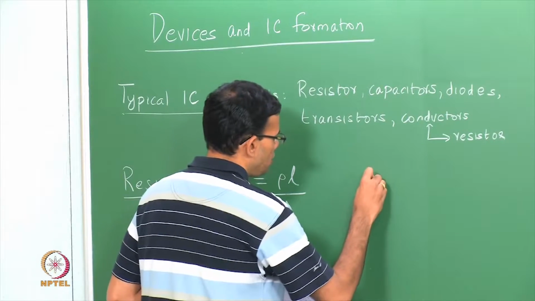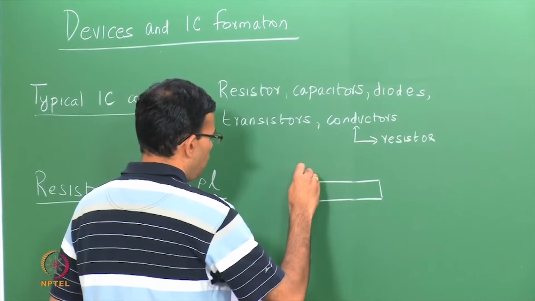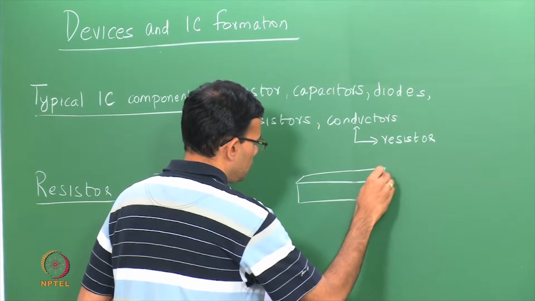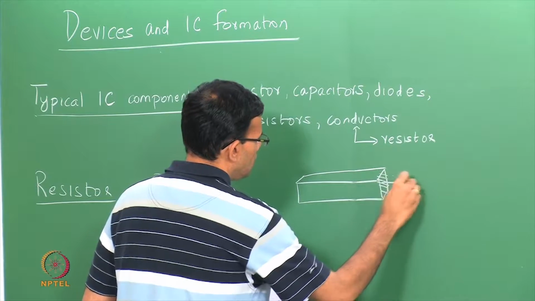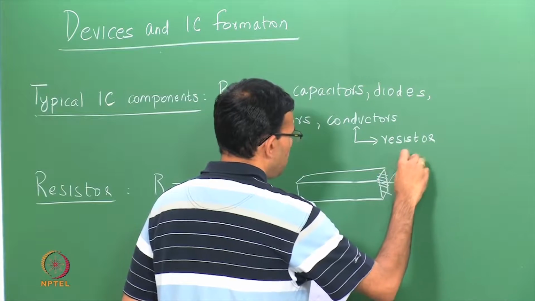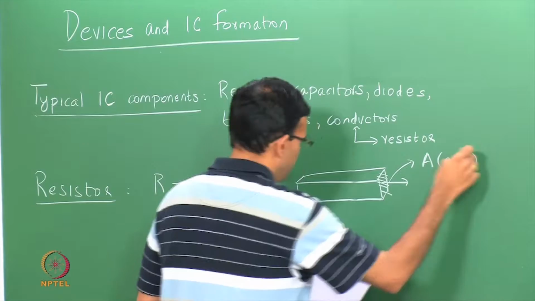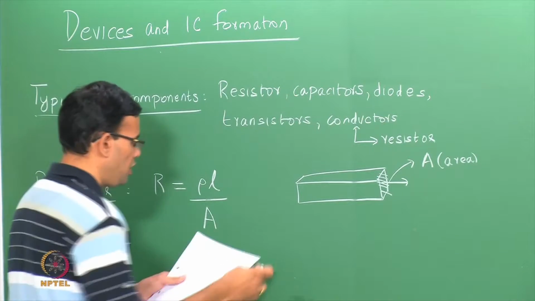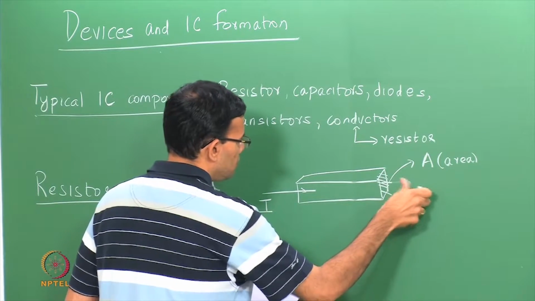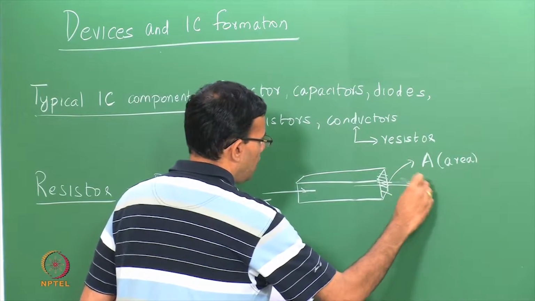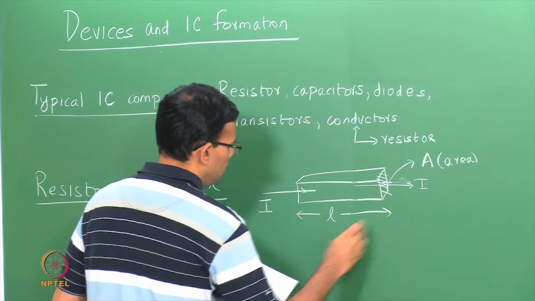So, if you think about it, you have a small region, this is area which is your cross sectional area, you have a current flowing along the length, I and then I, and L is the length.